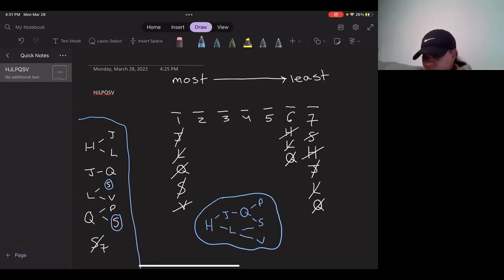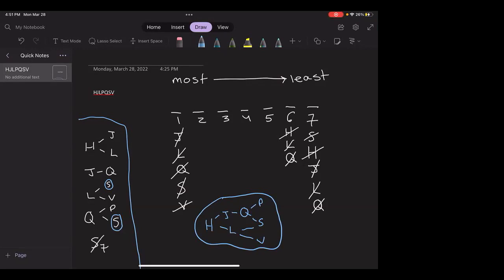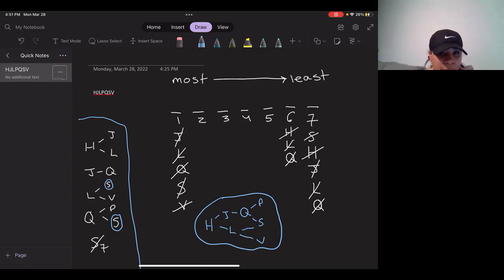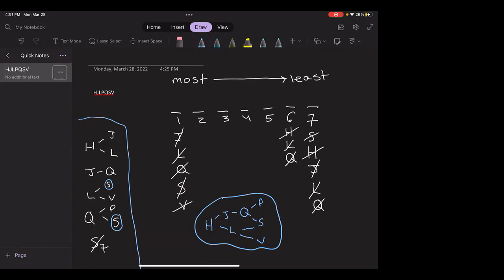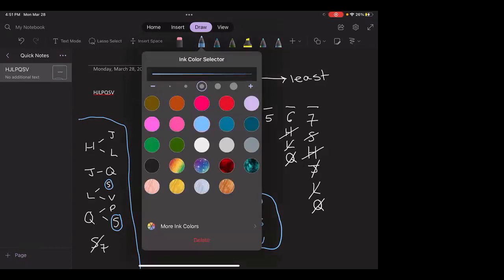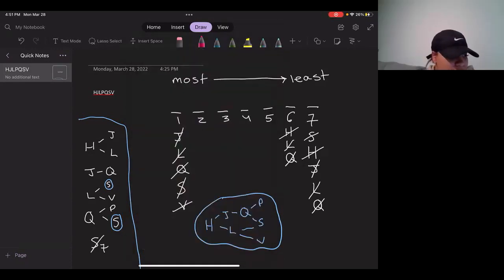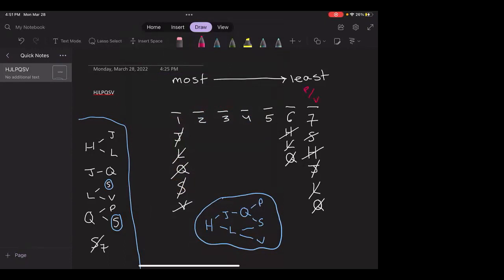So who are the only 2 contenders that could be in the 7th spot? I would say P. Who else? And V. Yes. So this is going to be really helpful because in all your questions or answers, 7th is always going to be either P or V.